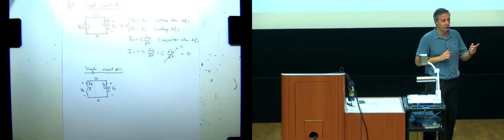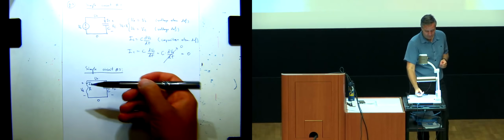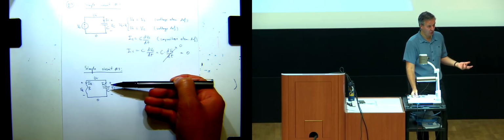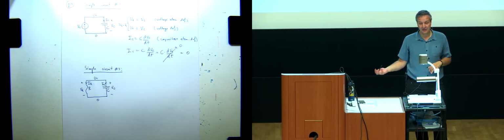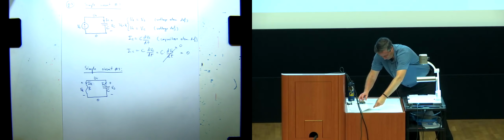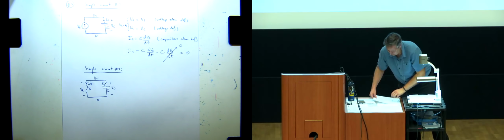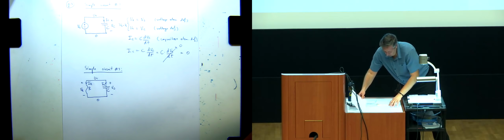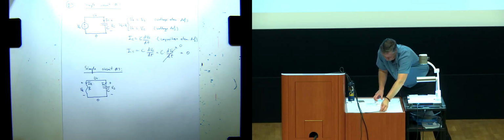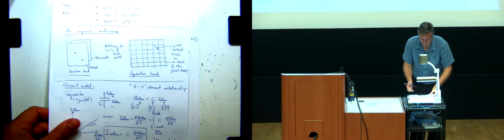Okay, so you're saying this will be 0 if the capacitor doesn't have any charge on it, right? Yeah. So, but if we look back at the definition of the capacitor, right? So let's see where I have that. Well, even here, right?